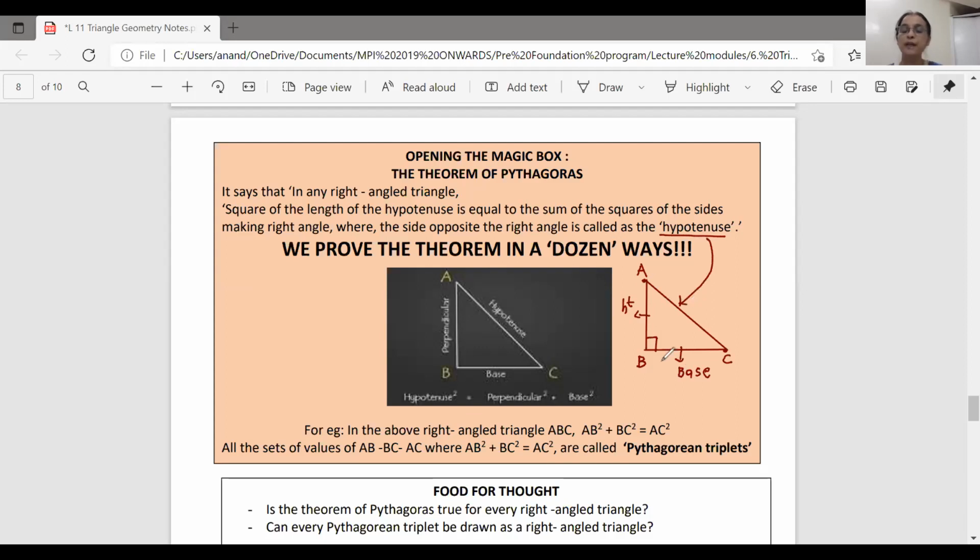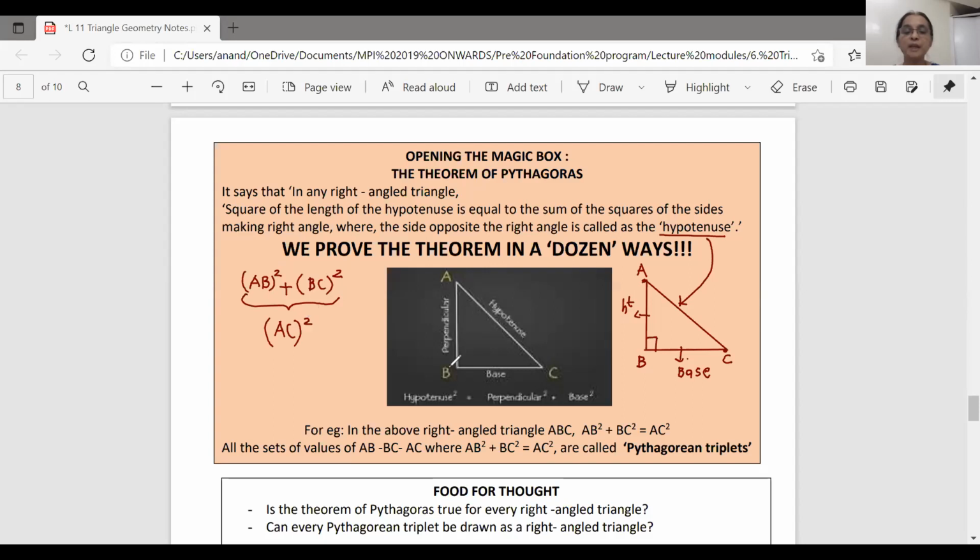So for any right angle triangle, there will be a base and a height, which make a right angle, and the third side is the hypotenuse. And the theorem of Pythagoras says that if I find the square of this side, AB square, and the square of the length of BC, BC square, and I add them, it is always equal to the square of the length of the third side.